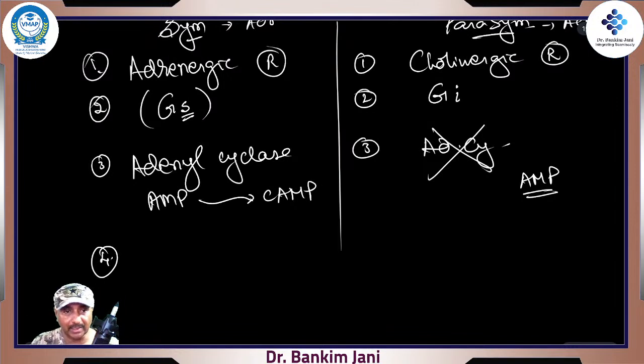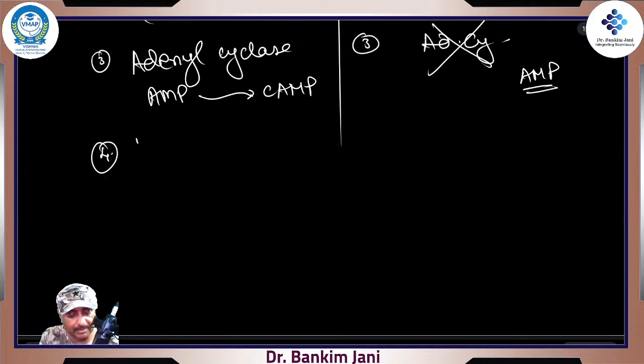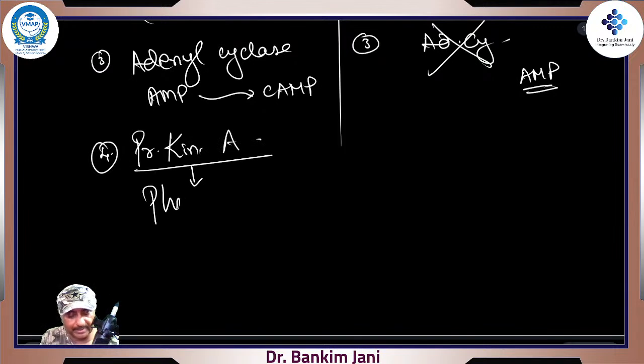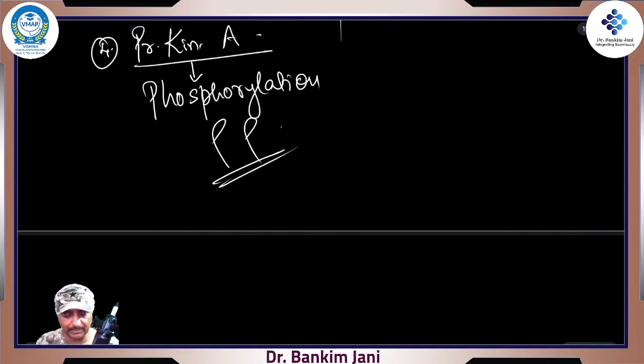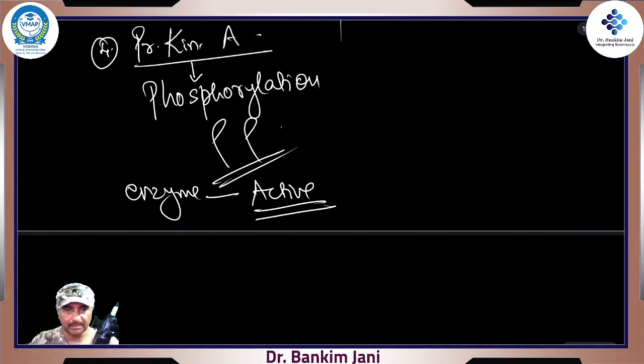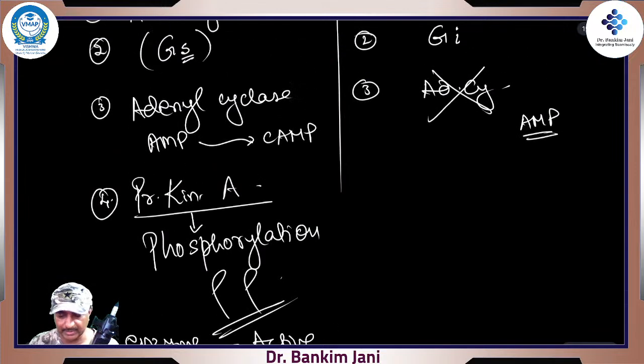There was protein kinase A, and what was it doing? Phosphorylation. Phosphorylation was adding those phosphates. And when those phosphates were getting added, the enzyme was becoming active, and then obviously there are all various functions.